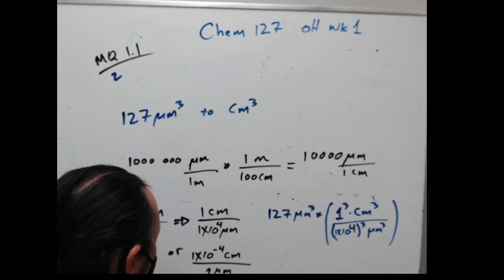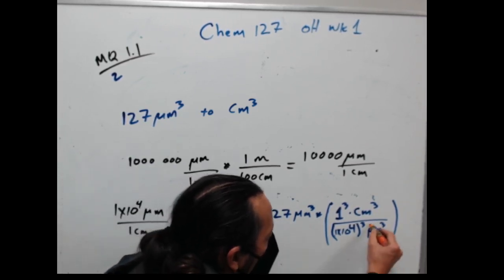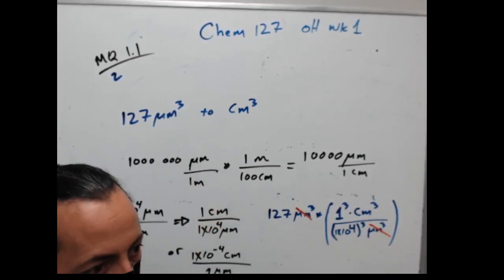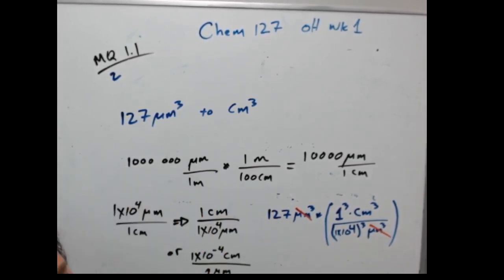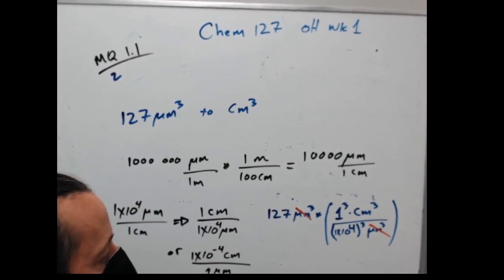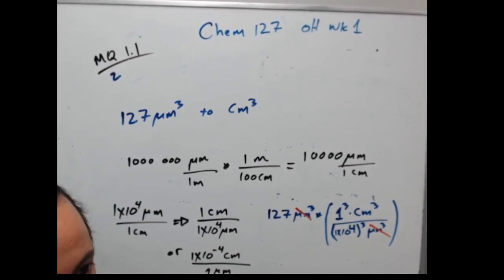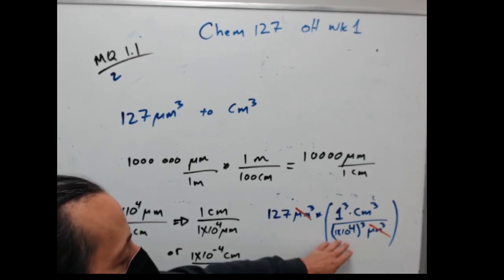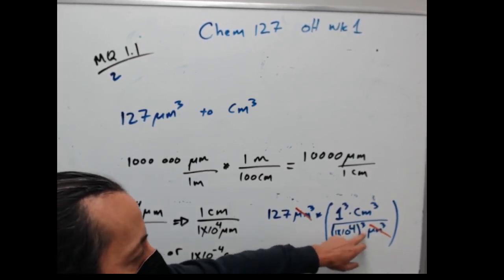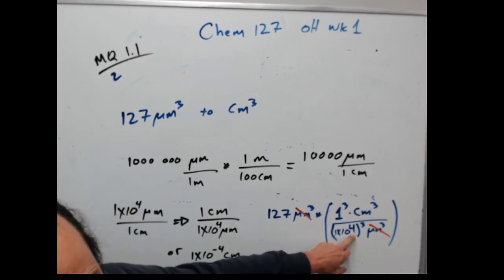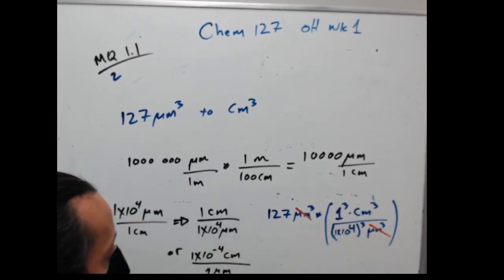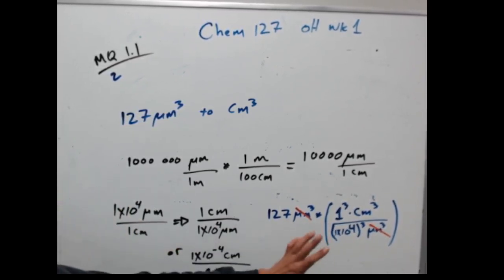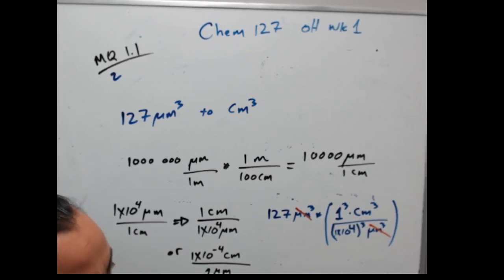So that's what allows me to cancel out the micrometers cubed and get centimeters cubed left over. So it'll turn into 127 over the 1 times the scientific notation bit. This is going to be divided by 1 times 10 to the 3 times the 4, so the 3 and the 4 get multiplied together, and this becomes a 10 to the 12 on the bottom. The same way I flip this over, it's like a negative 12 on top, and so you end up with 1.2 times 10 to the negative 10. Calculator it though.